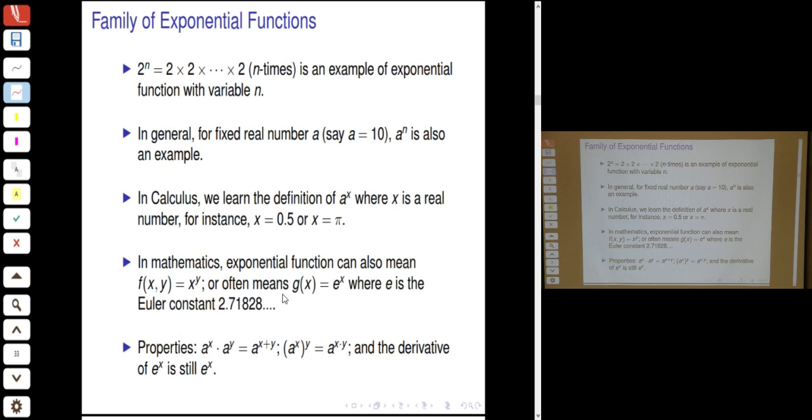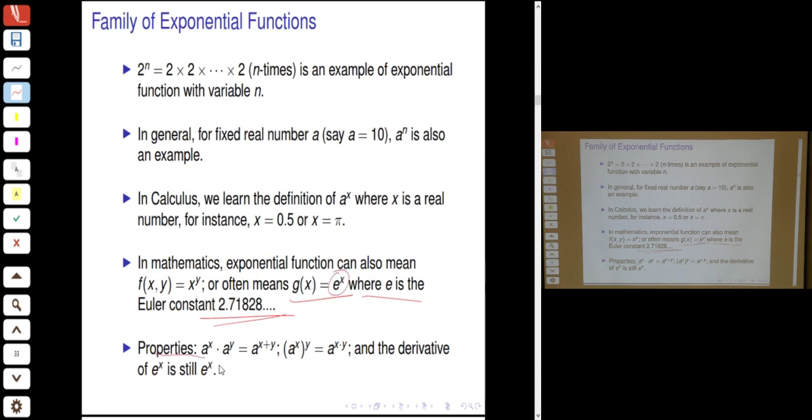In calculus, we learned the definition of a to the x, where x is a real number, for instance, x equal to 0.5 or x equal to pi. In mathematics, exponential function can also mean f(x,y) equal to x to the y, or often means g(x) equal to e to the x, where e is the Euler constant 2.71828. Okay? So these are various things to the power of x.